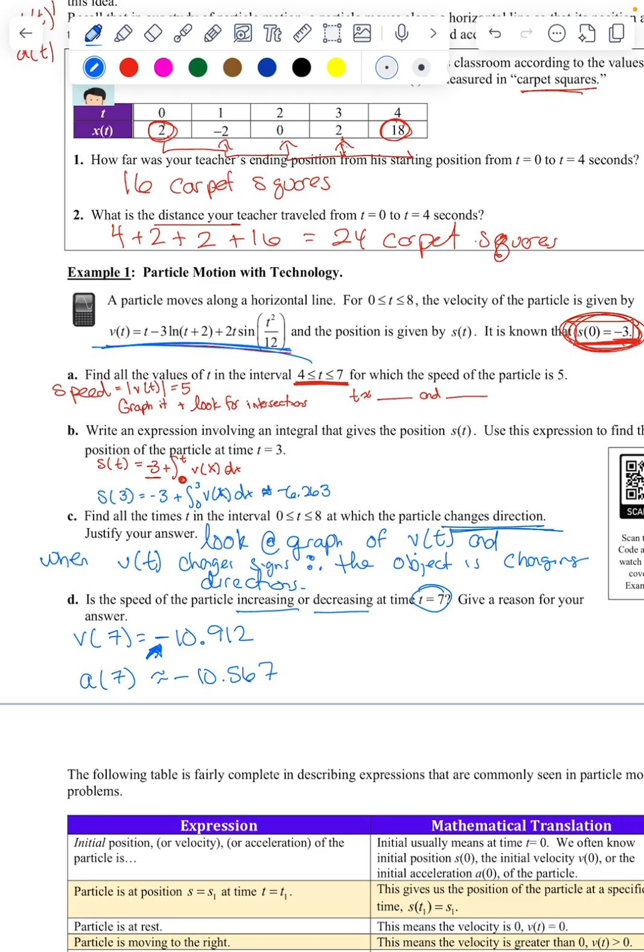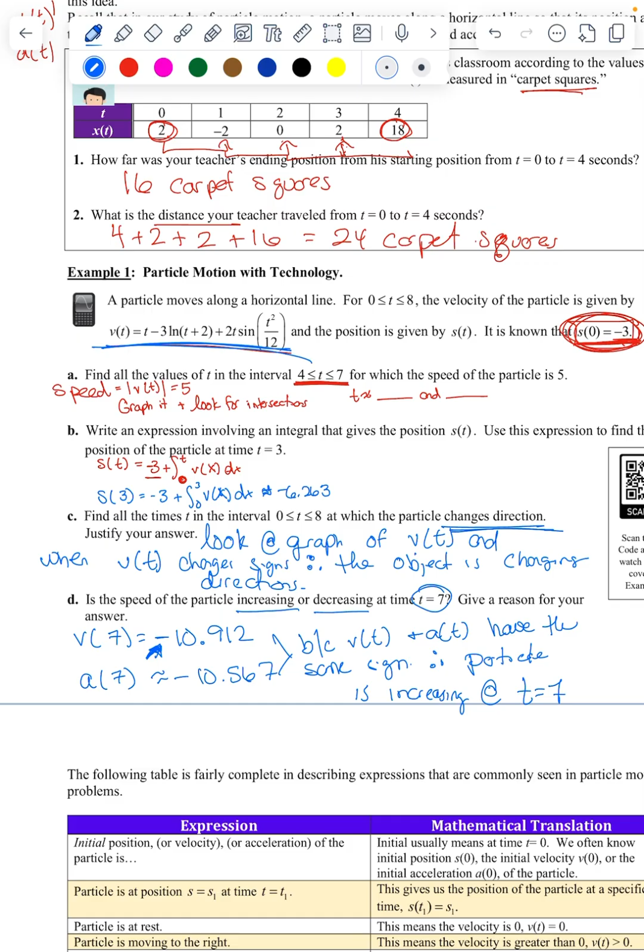So because both of these have the same sign, because velocity and acceleration have the same sign, it tells us that the speed of the particle is increasing at t equals 7.